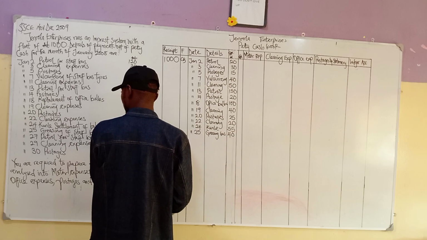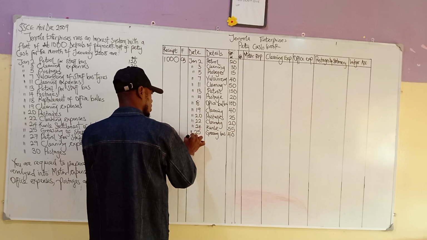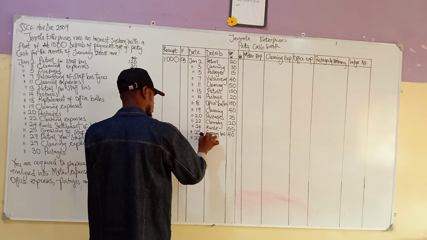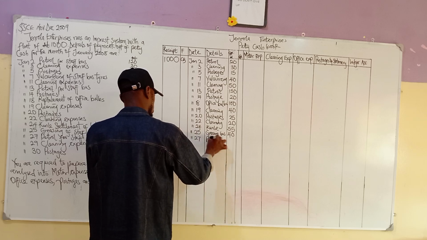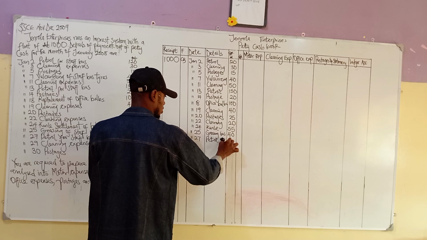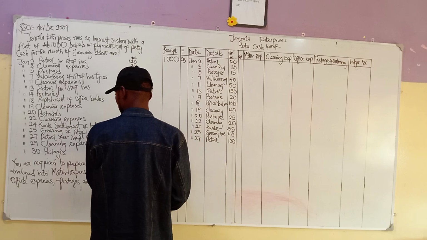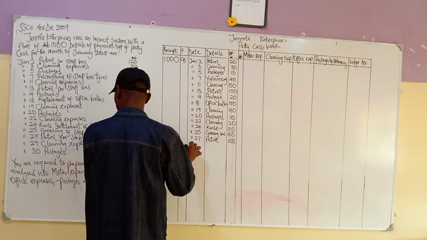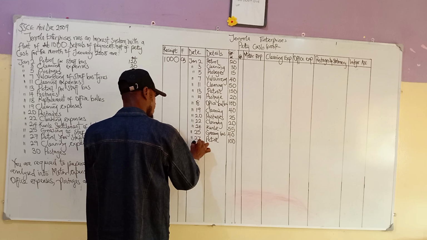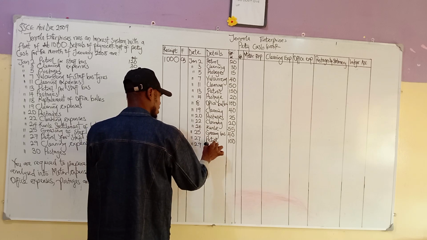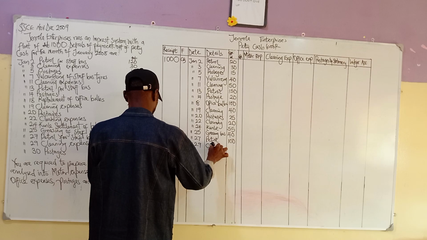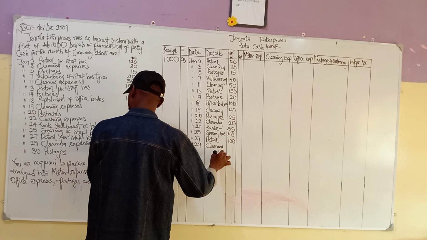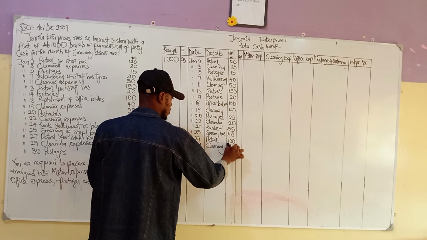Then I have petrol on January 27th. Now the cost of petrol for staff bus is 100. Then we have cleaning expenses on January 29. January 29 cleaning expenses is 40.